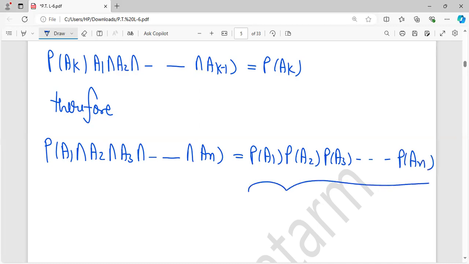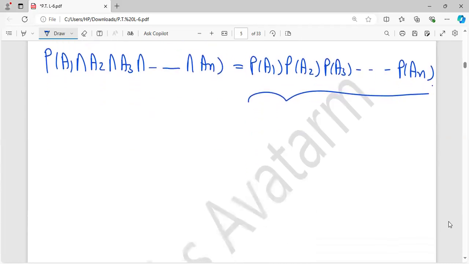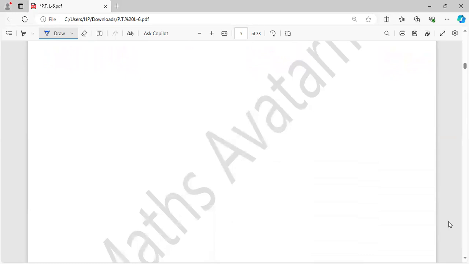Okay, so this is important. If A1, A2, up to An are independent, then the probability of A1 intersection A2 up to An is equal to the product of the probabilities of A1, A2, up to An. Okay. Now we'll do some examples.